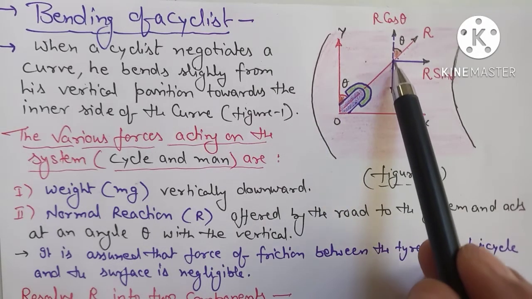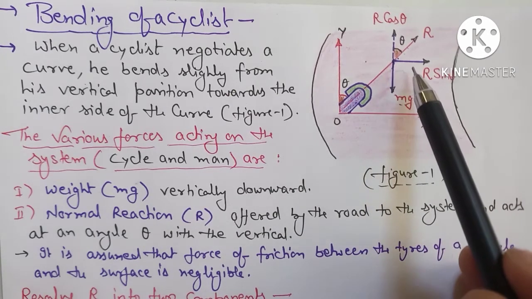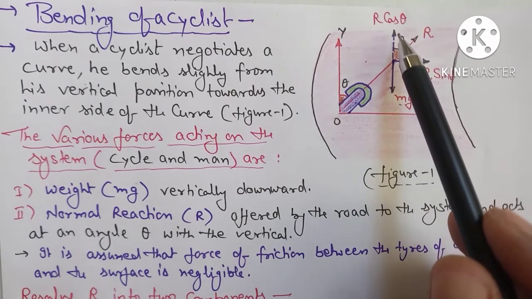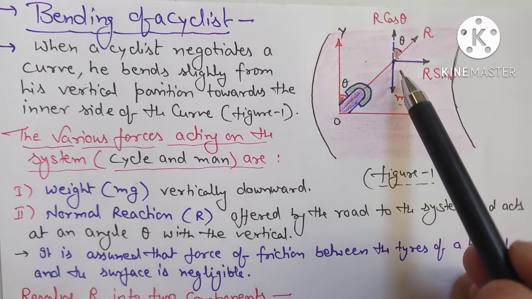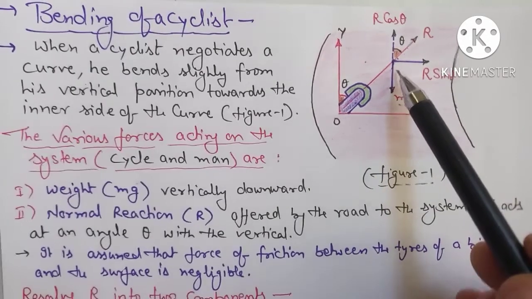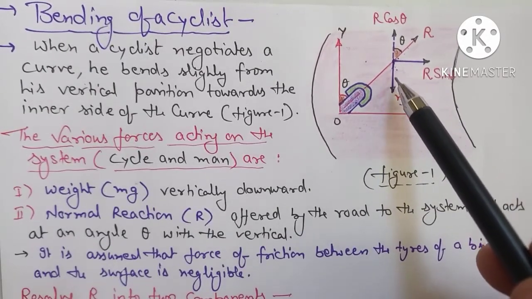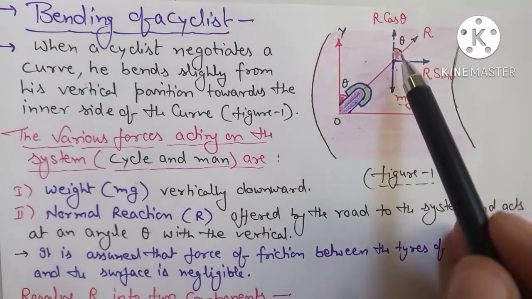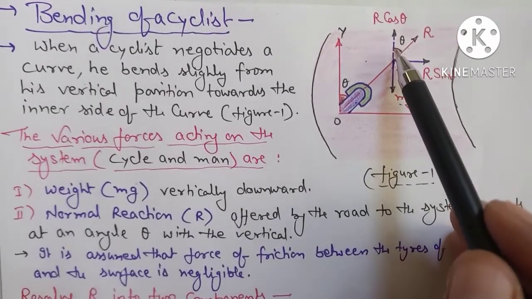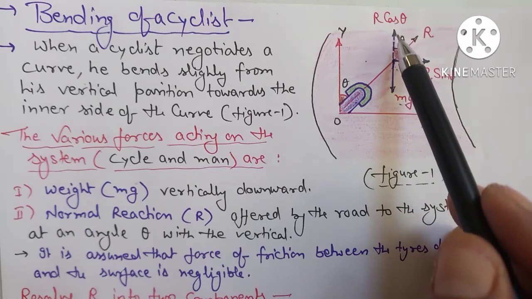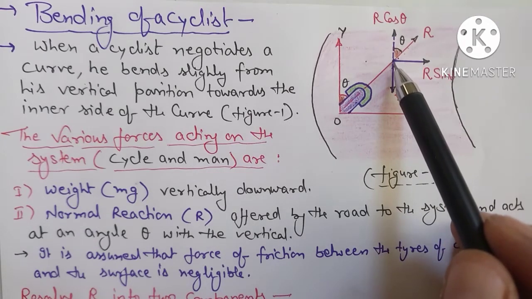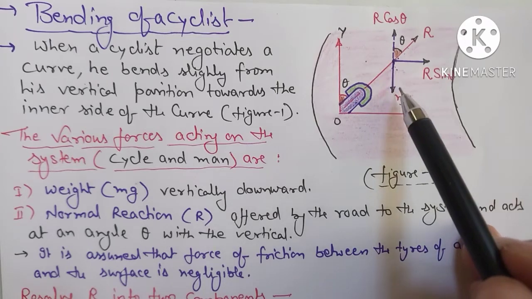Now we are going to resolve this normal reaction force into two components. First one is R cos theta, which is equal and opposite to the weight of the system. Here you can see R cos theta acts vertically upward, and the force due to weight, that is mg, acts downward.